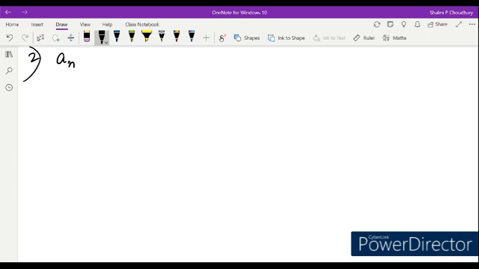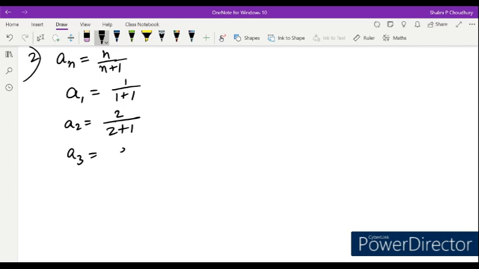an, the nth term, is given by n upon n plus 1 and we have to find out the first 5 terms. So a1 will be equal to 1 upon 1 plus 1, a2 will be equal to 2 upon 2 plus 1, a3 will be equal to 3 upon 3 plus 1, a4 will be equal to 4 upon 4 plus 1, a5 will be equal to 5 upon 5 plus 1.